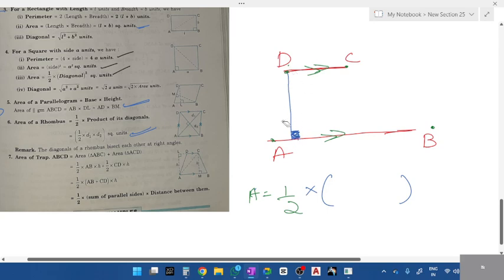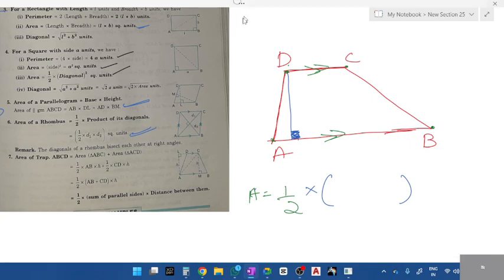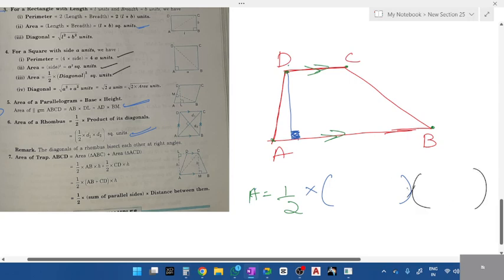Isn't it the distance? How do you find distance between two lines, students? Only if you draw a straight line, right? If you draw a straight line, you'll get the distance. Okay. So the formula is half into sum of parallel sides into the distance between them.